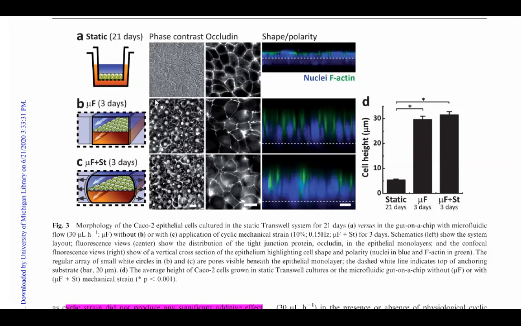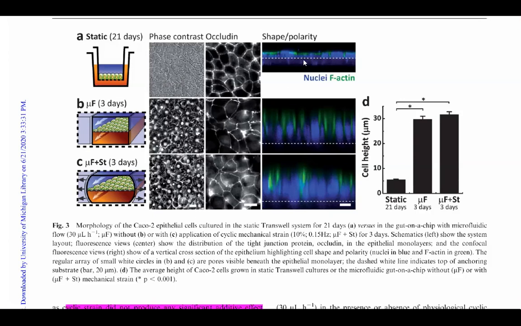And as it is depicted in these phase contrast pictures, you can see that all three groups exhibited confluent polygonal epithelial cells that were grown in all these three devices.